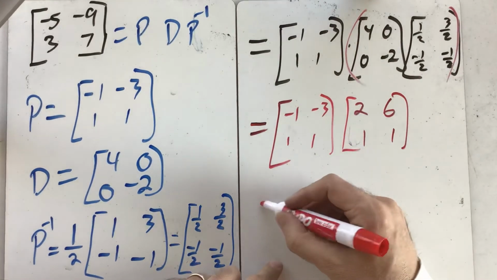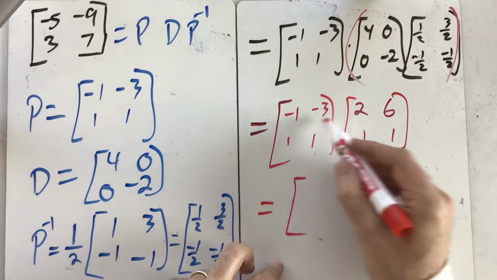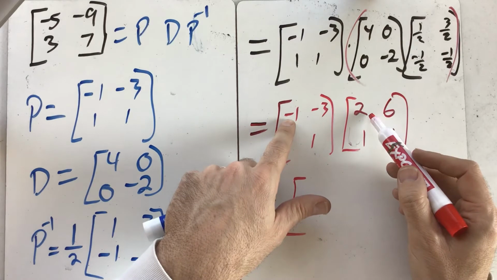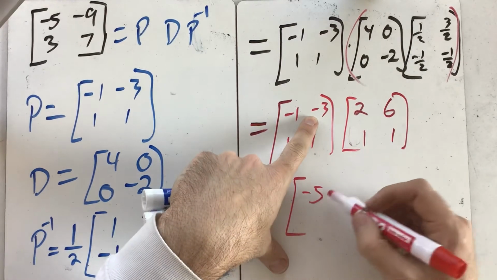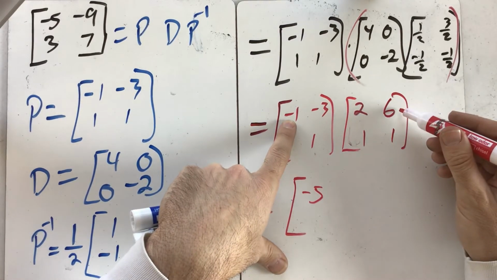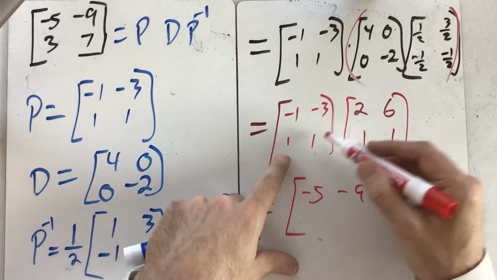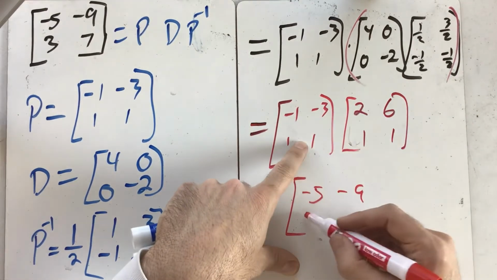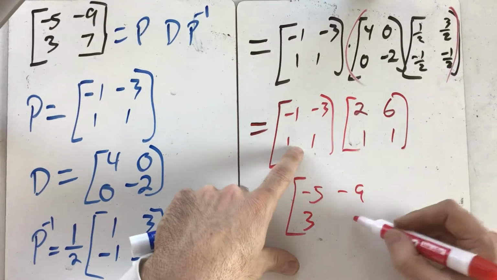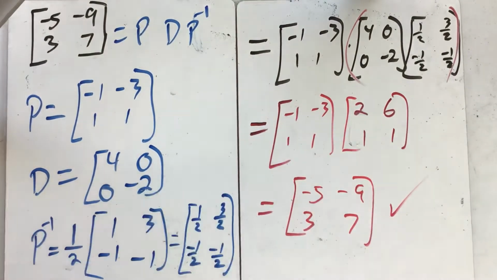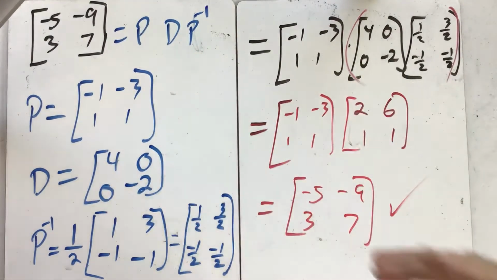Okay, and now we'll multiply those together. -2 minus 3 is -5. -6 minus 3 is -9. 2 plus 1 is 3. 6 plus 1 is 7. And look at that. We got the original matrix that we had. So here's our diagonalization. That's how you do it.